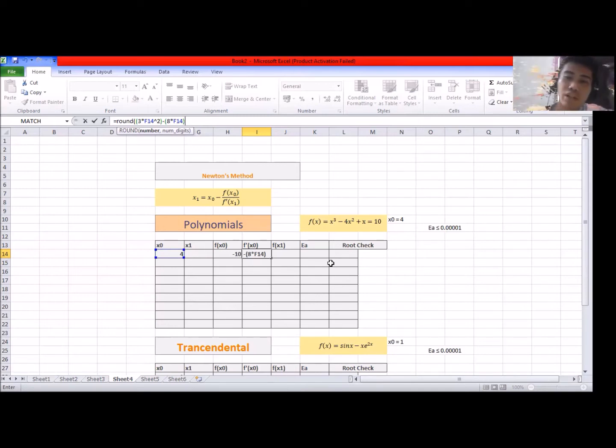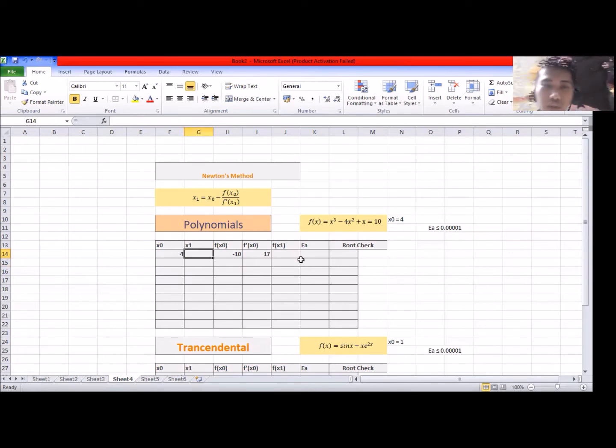Then this is simply 1, because the derivative of x is 1. So that's how you get the derivative of x of 0.